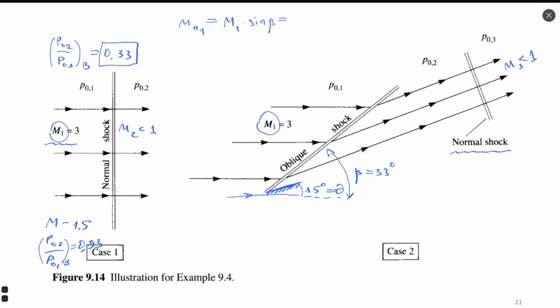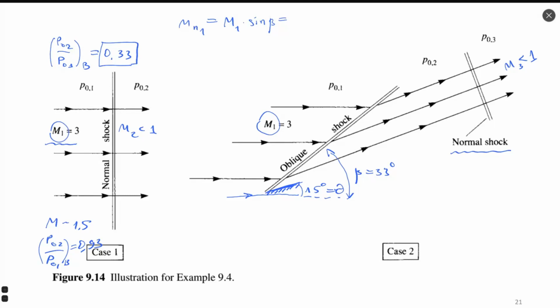We know that sine of 33 degrees is a bit more than 0.5, but I would like to have a more accurate value. So I will calculate in the program and multiply by 3. It's 1.63.